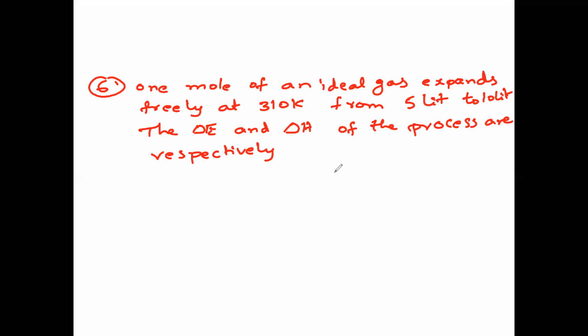Since they have given 1 mole of an ideal gas expands freely at 310 kelvins from 5 liters to 10 liters, they are asking us to find the value of delta E and delta H. So first option A, it is 0 and 5 calories.